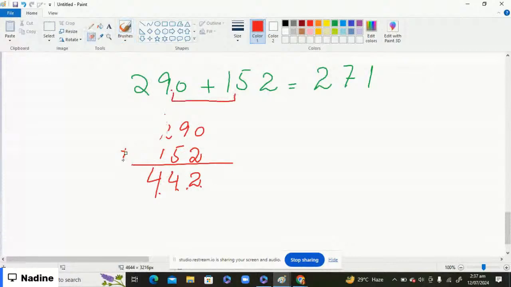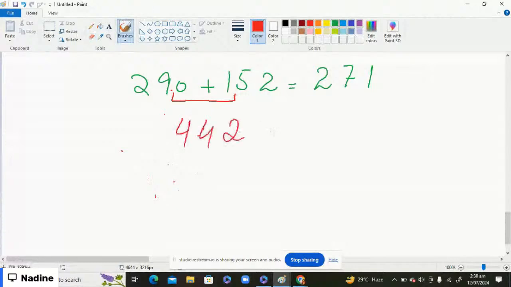So in place of these two numbers, we are just going to write down 442. That is equal to 271 plus. So which number you are going to put here, then you are going to have the same answer. The second step that you are going to take is subtraction.